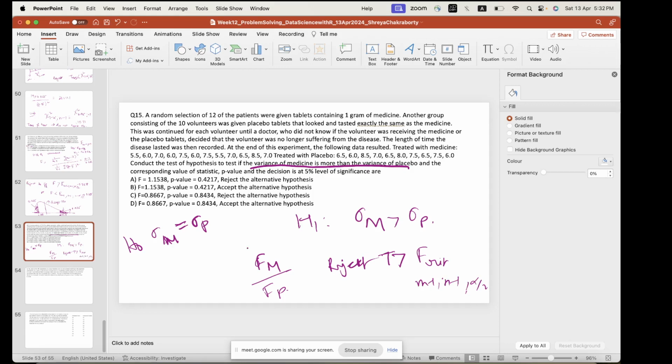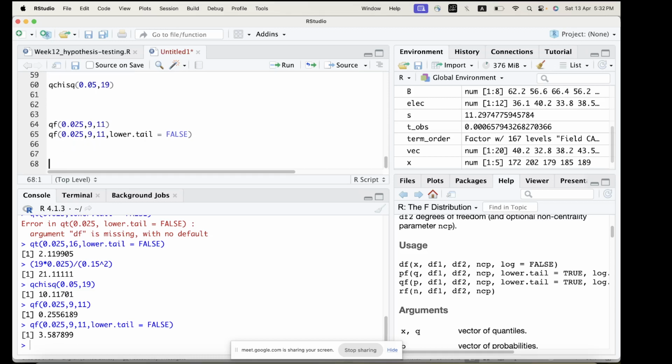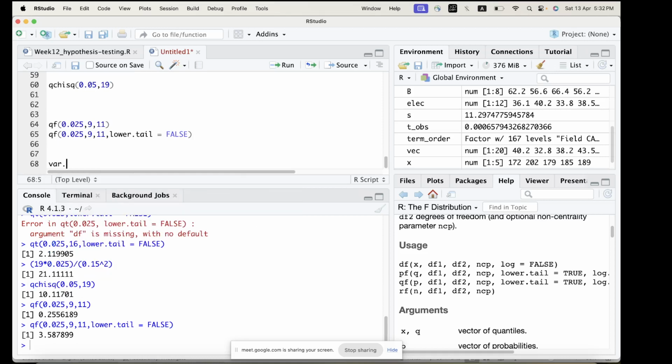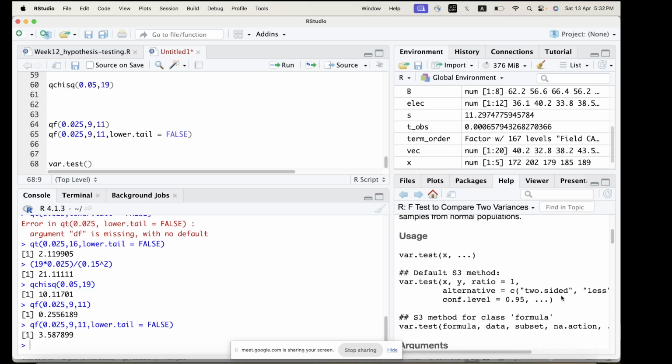And if we want to do it straightforwardly in R, then we just have to use var dot test, just input the two samples, to compare two variances. For alternative we have to specify: if X is treatment and Y is placebo, and the variance of treatment is greater than placebo, then we specify alternative as greater.